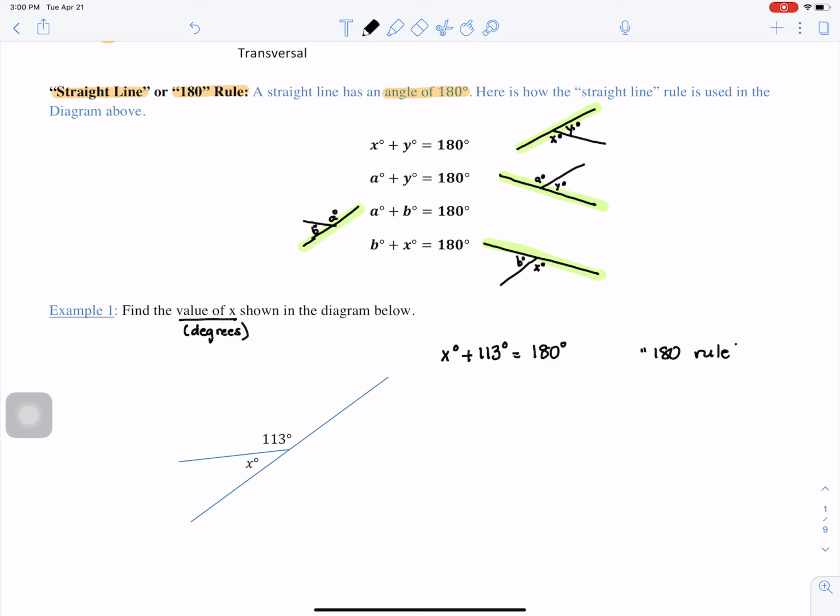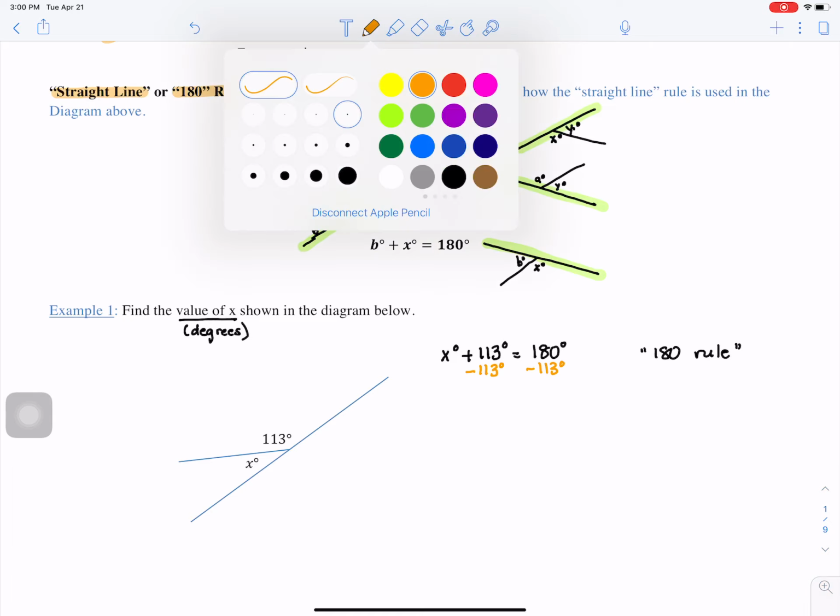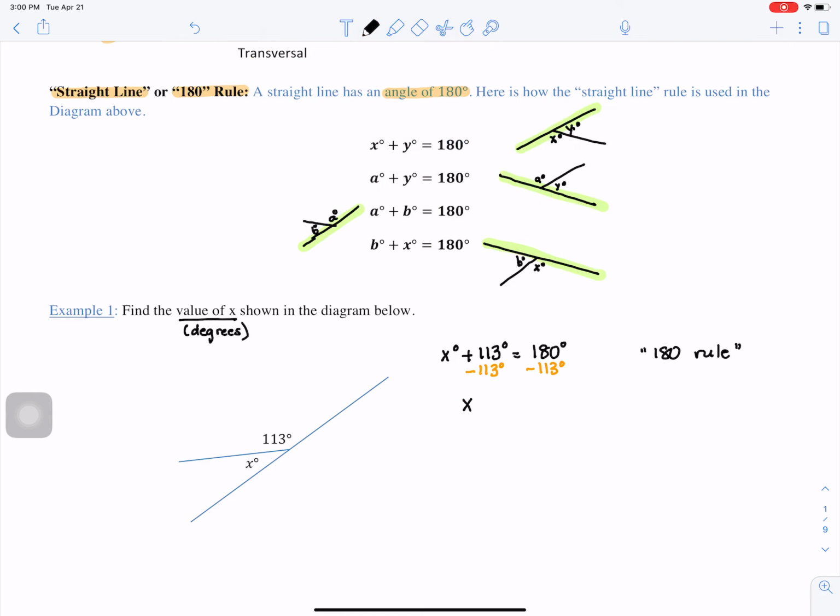We lie on a straight line, so the angle for that line has to be 180. It's broken into two parts. So how are we going to isolate for X? I'm going to subtract 113 degrees on both sides. So 180 degrees minus 113 degrees is 67 degrees. So angle X is 67 degrees.